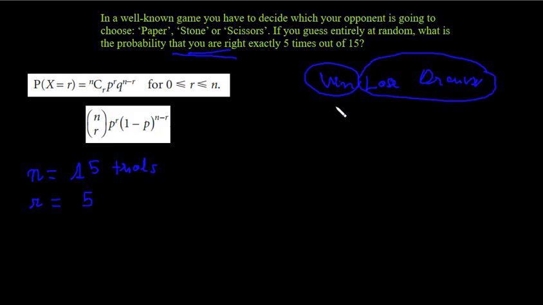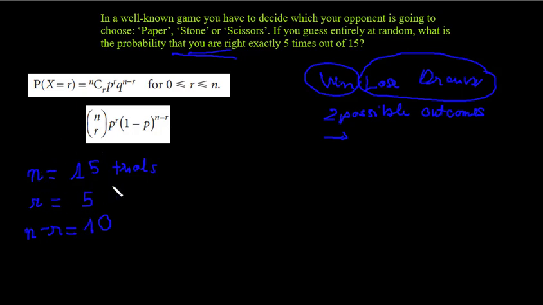So you can see that there are only 2 possible outcomes. From that, we can use the binomial distribution.